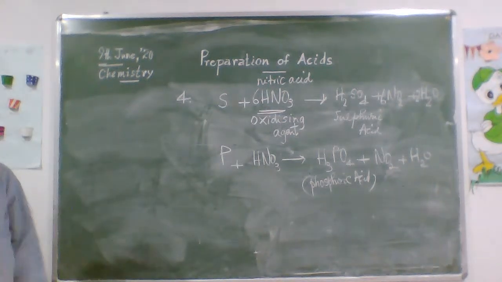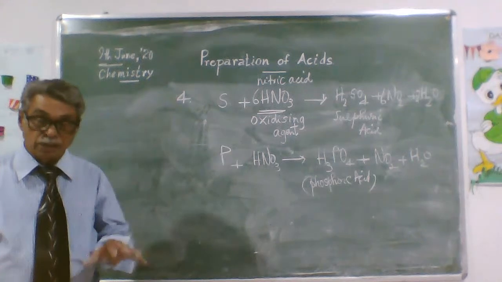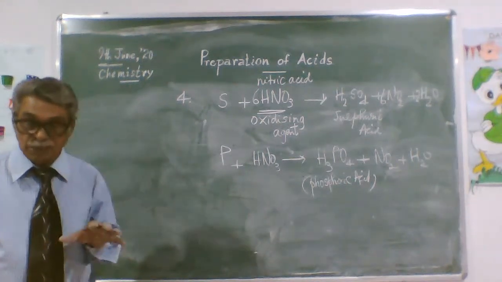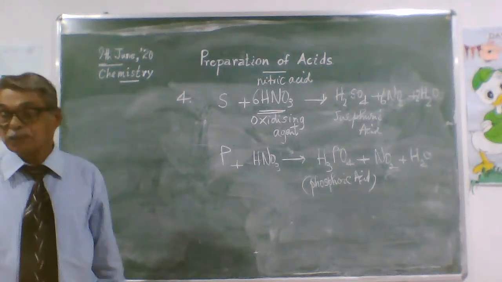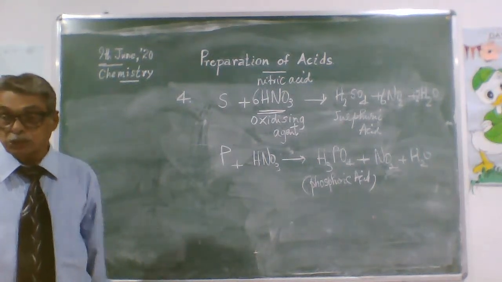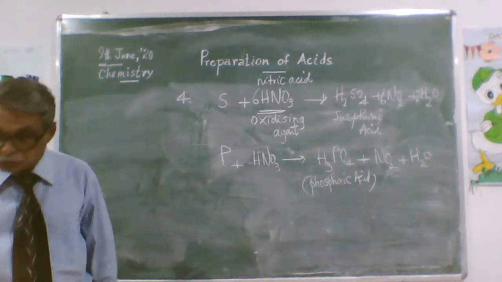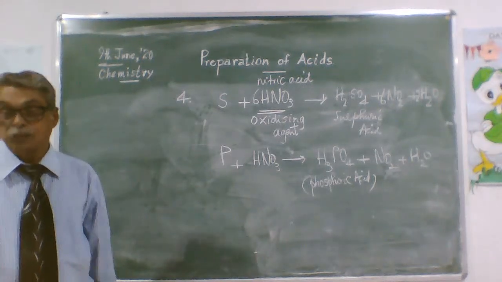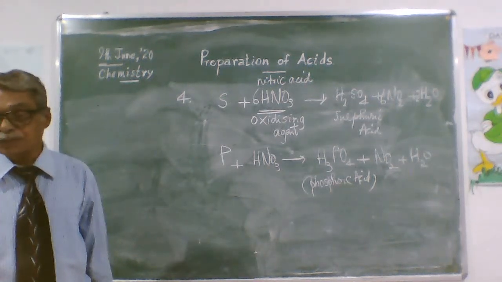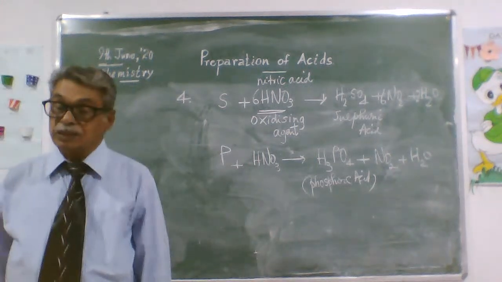Not actually dissolving, it's reacting the acidic oxide with water, which will give you acid. Examples: CO2 plus H2O gives H2CO3, SO3 plus H2O gives H2SO4, sulfuric acid. Similarly, N2O5 and water give nitric acid.